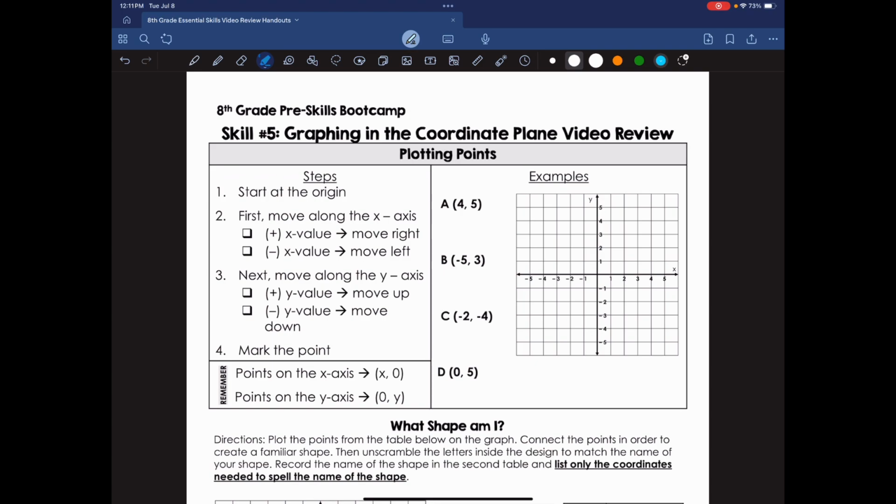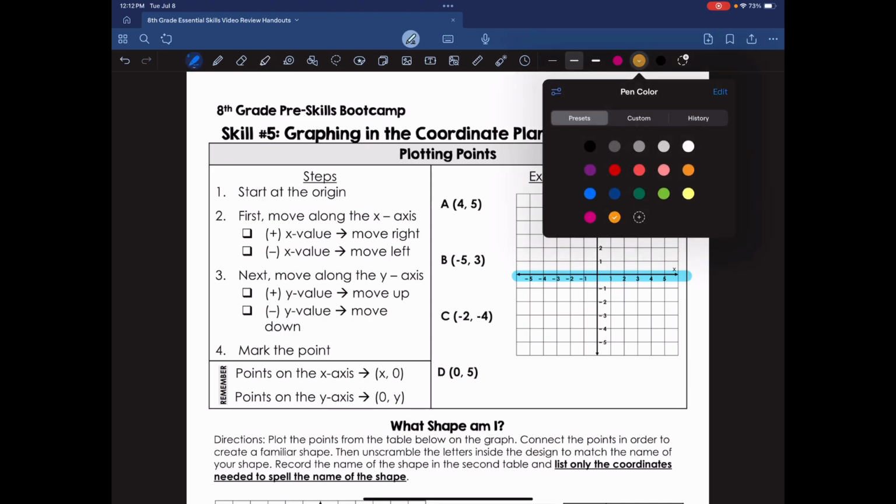So we're going to continue with learning how to plot points in the coordinate plane using the same colors to color code from our last video. I'm going to start by highlighting my x-axis in blue, which is what we did last video, and labeling the positive and negative sides just to help us think through it.